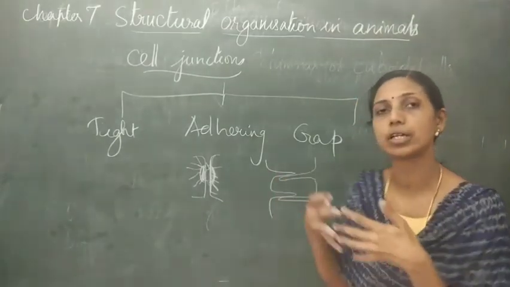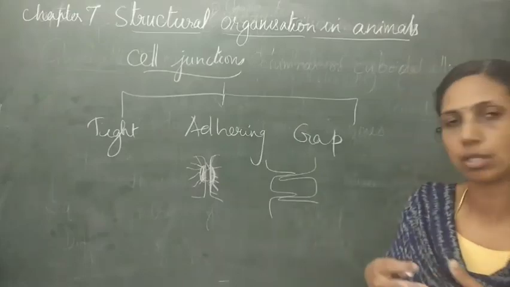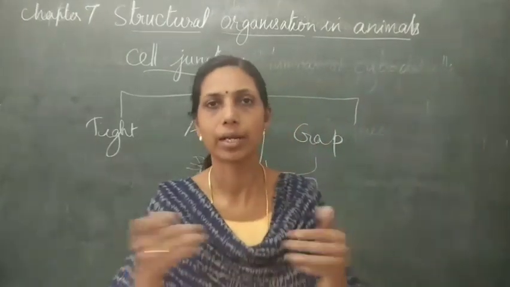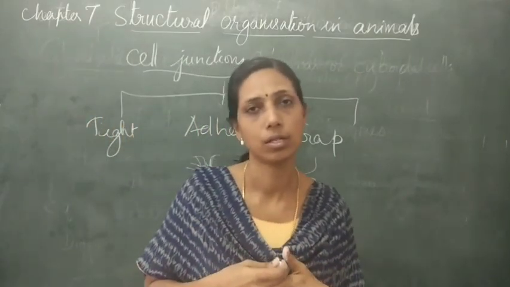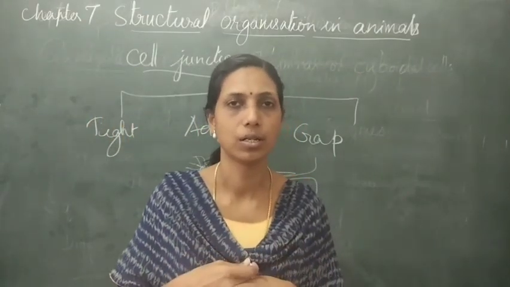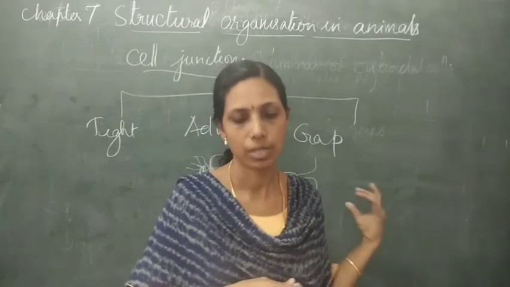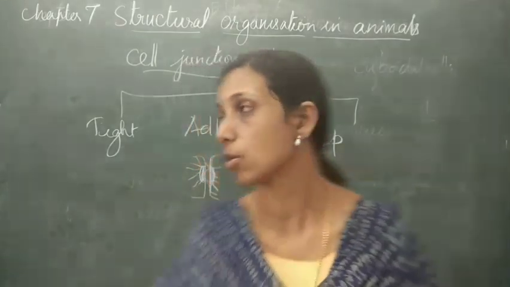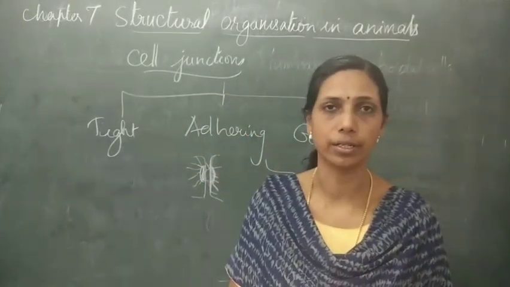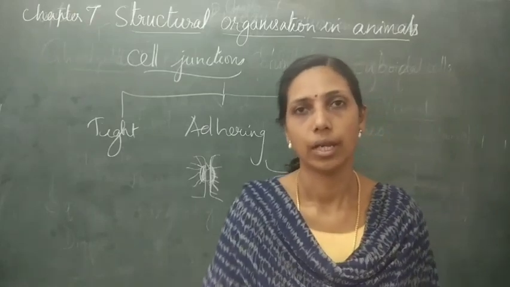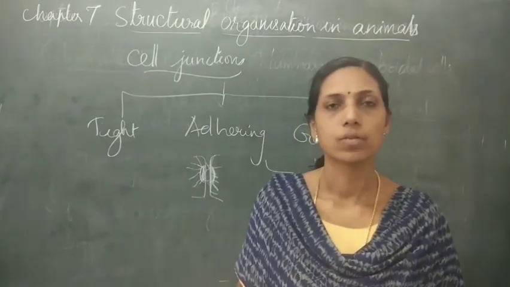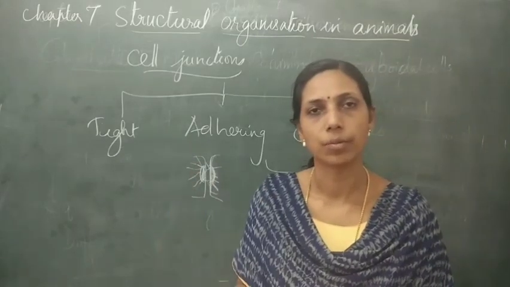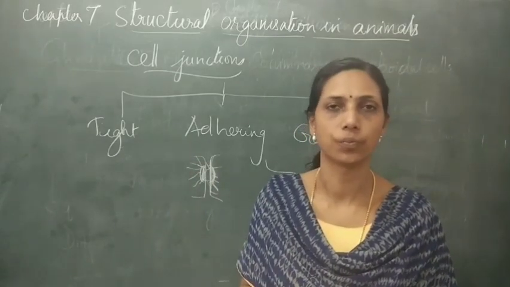They form finger-like projections which cross each other, or other projections which are attached to each other, forming a kind of better adhesion or contact between the cells. So in this way, three types of cell junctions are there: tight, gap, and the adhering. Tight junctions will prevent the movement of substances across the plasma membrane of the tissue.